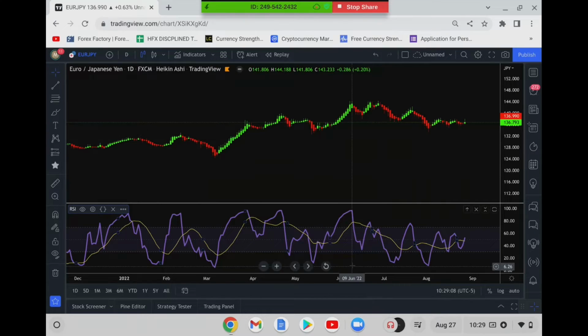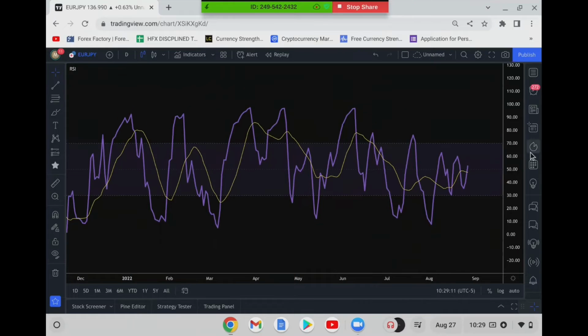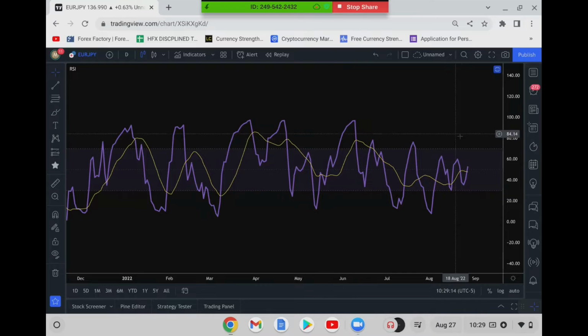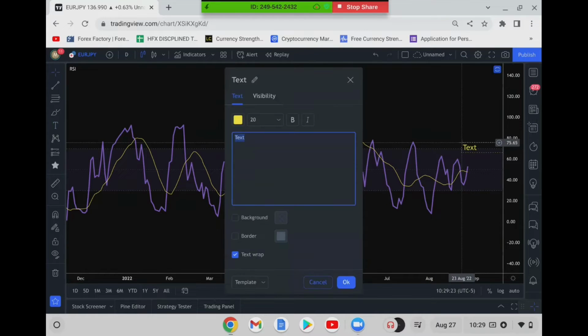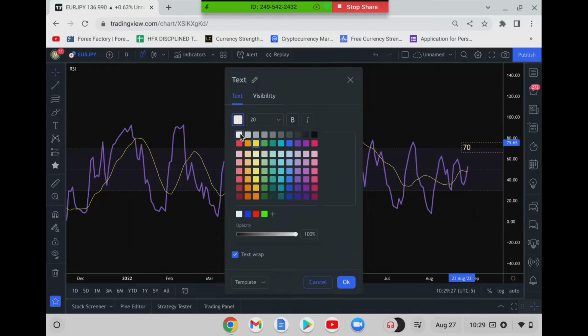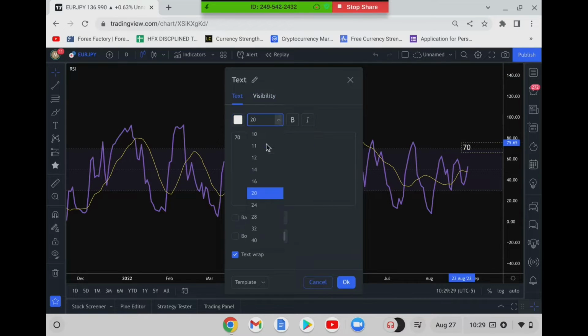And then you guys, I'm just going to go ahead and zoom into the RSI because this is all that we need to focus on right now at this point. So we have our top line, you guys. Our top line represents our 70. Going to change this color to white. And let's just make it a little bit bigger so we can really see what's up. All right.